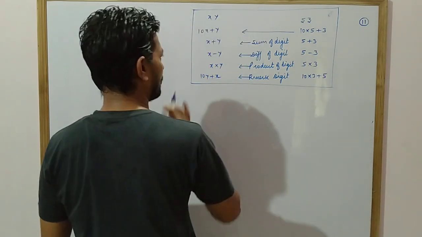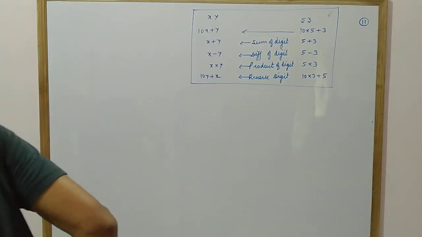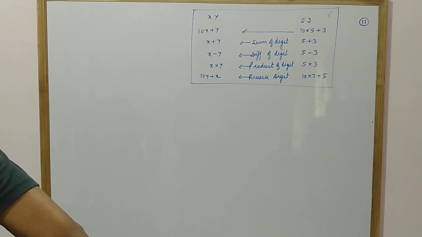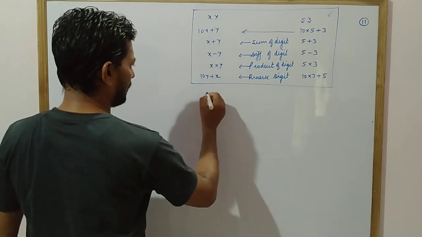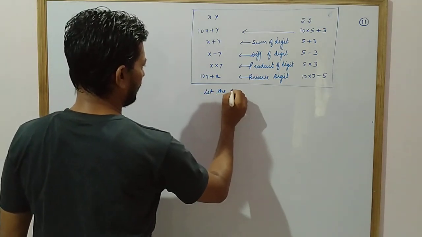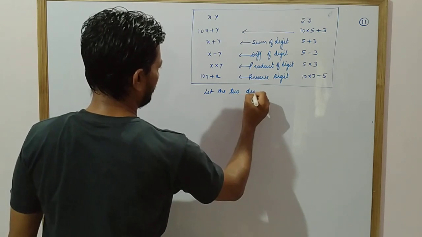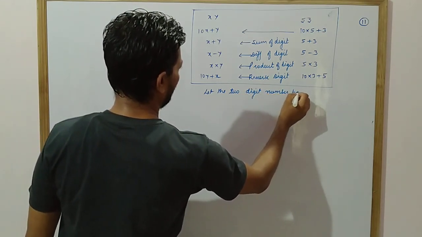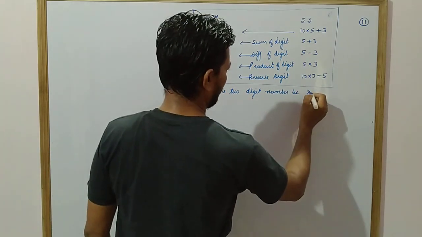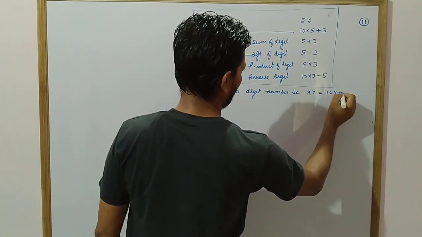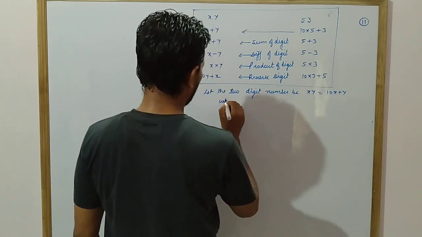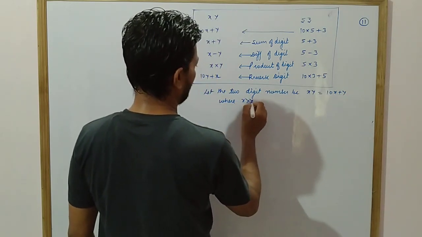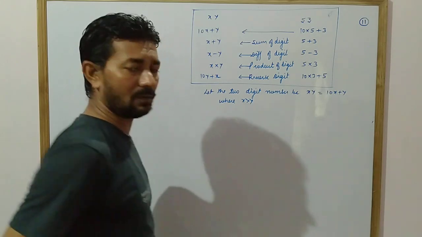Now we will come to question number 11. It is given that a two-digit number contains the bigger digit in the tens place. The product of the digit is 27. Let the two-digit number be xy, that is 10x plus y, where x is greater than y, since the number in the tens place is greater than the units place.